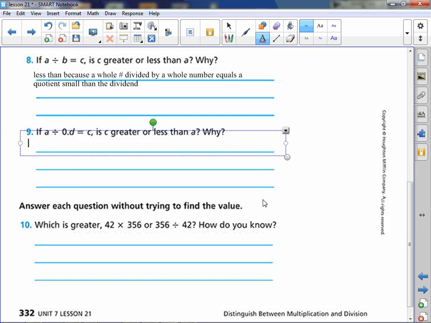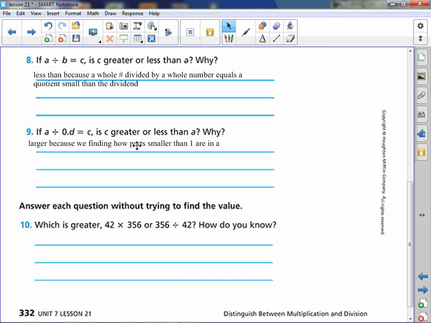Okay, well, you should end up with a larger number, because we're finding how many parts smaller than 1 are in A. Okay, so in other words, how many bits and pieces are there in that A? So if A is a whole number, well, how many pieces are there within A?